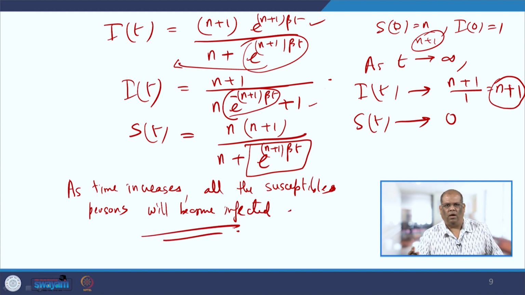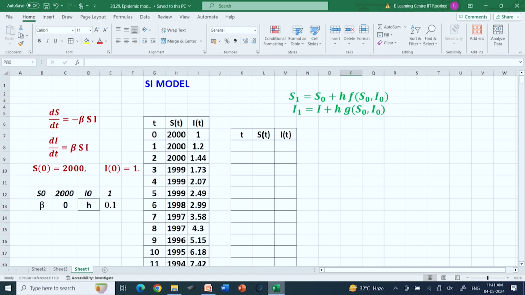So, this is just a basic model of the susceptible and the infected. Let us see the numerical solution of this particular model, where I will be using Microsoft Excel. So, I already have it here. This is the equation, ds dt is minus beta si, dy dt is beta si.